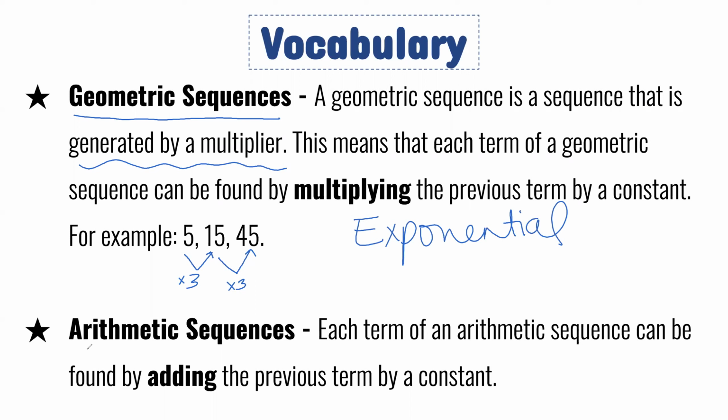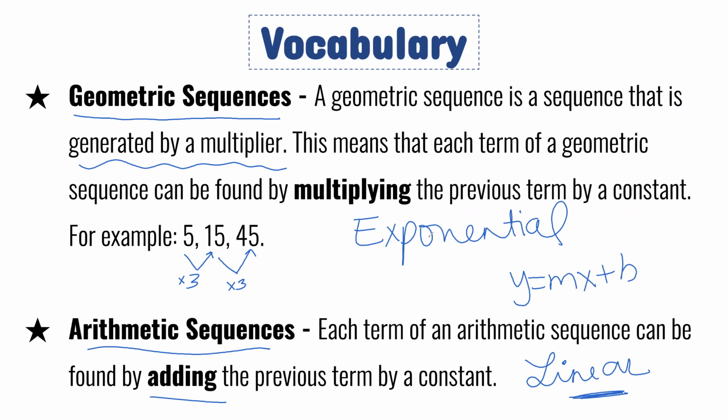As a review, each of the terms of an arithmetic sequence can be found by adding a constant to the previous term. Where have you learned arithmetic sequences? In Integrated Math 1A, and a linear equation is an arithmetic sequence because you are adding the same constant each time.